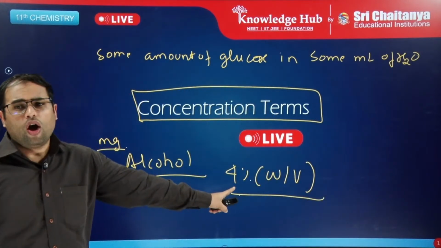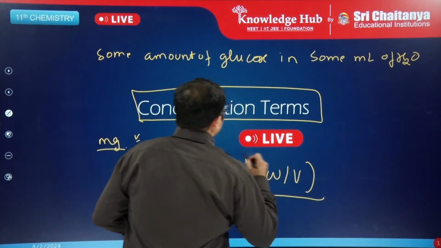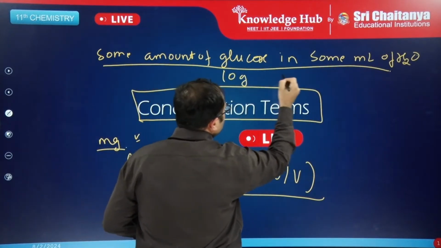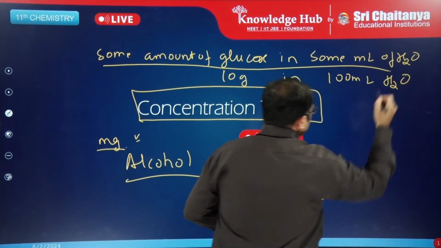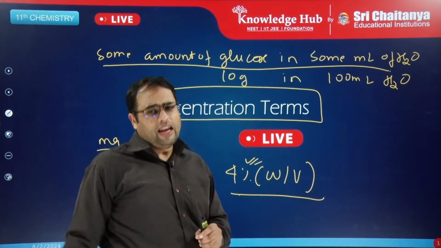So how do we interpret this? See, all these things, milligram, some amount of glucose, like 10 grams of glucose in 100 ml H2O. This is nothing but concentration, right?